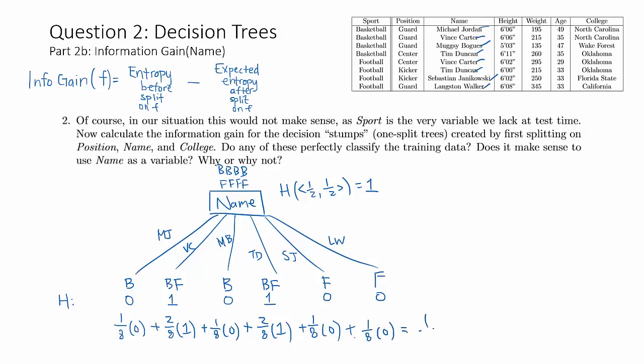And this is equal to 1/2. So the information gain of the name feature is equal to the entropy before the split, that's equal to 1, minus the entropy after the split, that's equal to 1/2, and that's equal to 1/2.